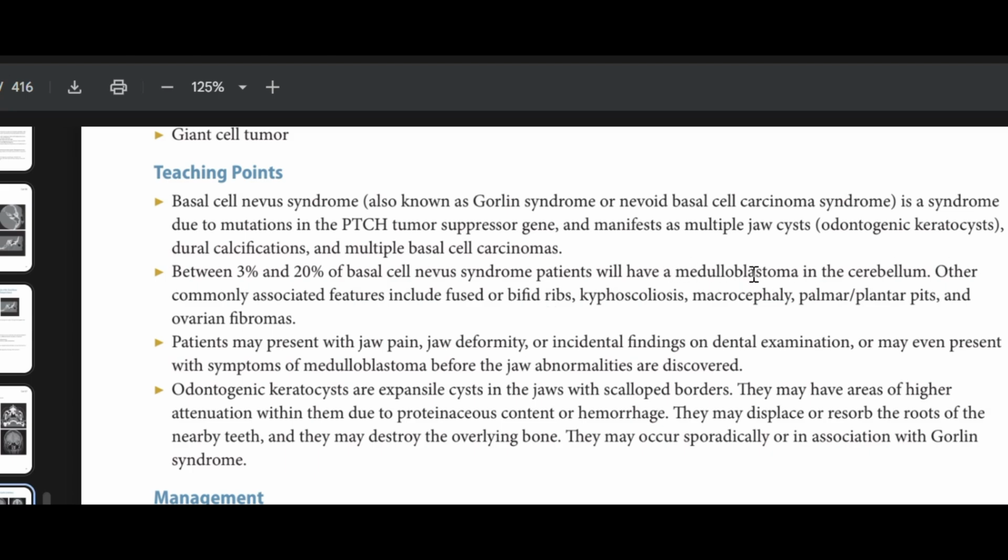They may be associated with medulloblastoma of the cerebellum. It can be associated with other features such as fused or bifid ribs, ovarian fibroma. It can be associated with osteomas and fibromas, bifid ribs.